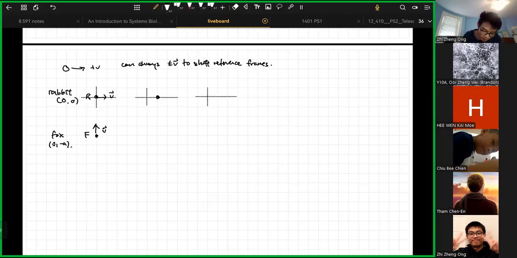Over here, the fox will point in this direction. Over here, the fox will point in this direction. You can see that the fox is being dragged along by the rabbit. Suppose you have this system where you have a rabbit moving to the right and the fox pursuing it. This is what we call a pursuit problem.